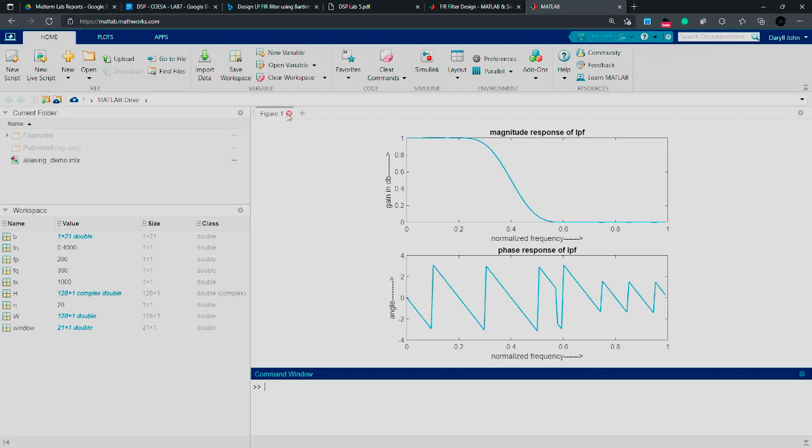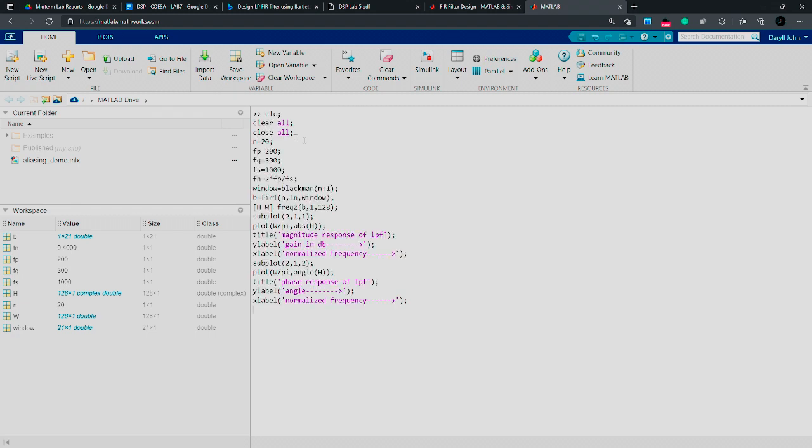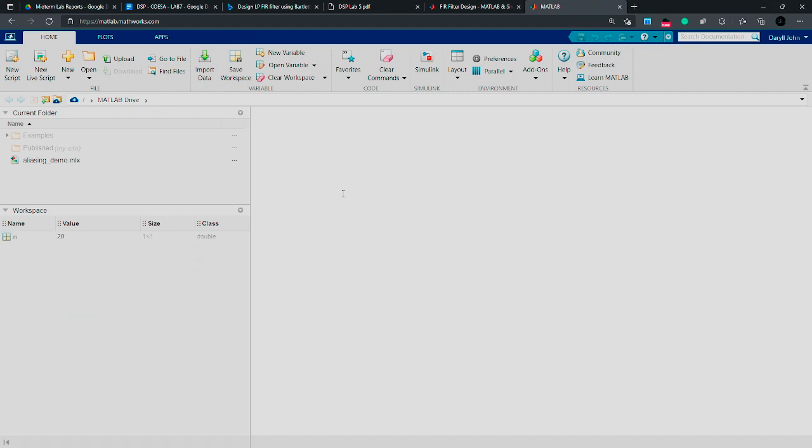First, let's clear all the commands, copy and paste the original code, and replace the Hamming with triangle. It's also a built-in function on MATLAB, which is really convenient for this presentation's purposes.